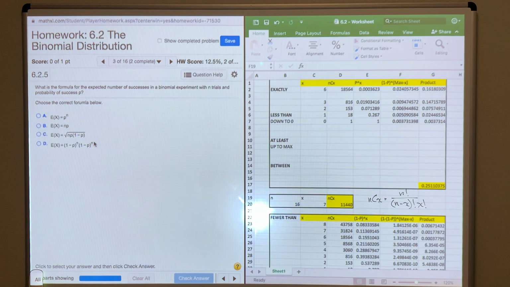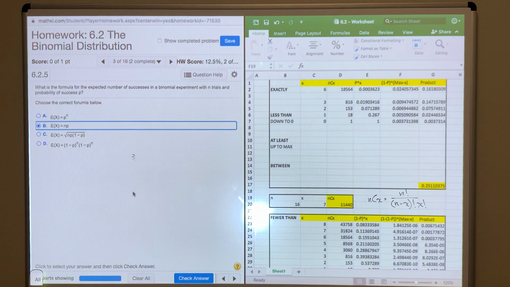Well, you can either look at your notes or research it, but the bottom line is that we've seen this before. We've seen it before in the past. All you have to do is multiply your n number of trials by your P probability of success. So it is straightforward. There it is, the E for expected number of successes. Okay?